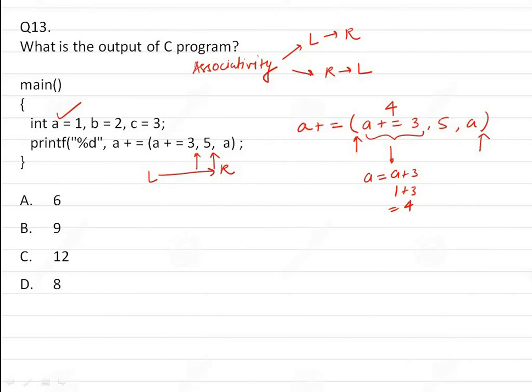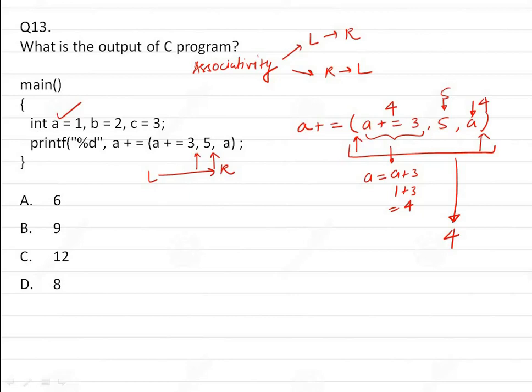Then the value of this expression becomes 5, and finally the value of this expression becomes a, which is 4 now. We go from left to right and evaluate one by one. First it is 4, then 5, and finally 4. So this entire portion is solved now. The value of this entire expression is 4.